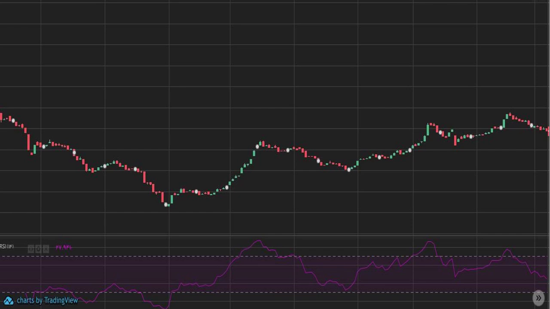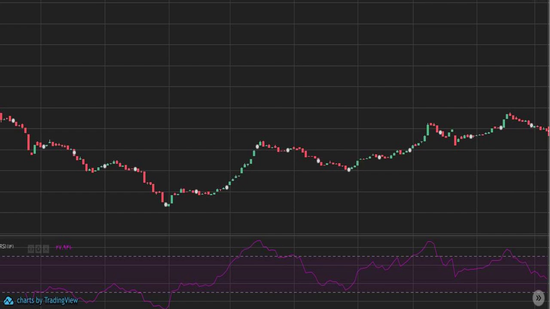We have spinning candles, and these candles show us uncertainty in the market. So this is not a good buying signal, and we had better wait for another good buying signal.